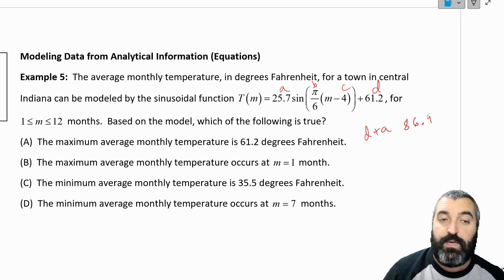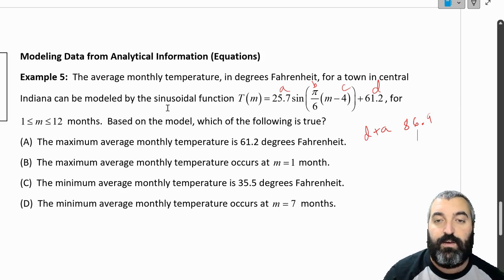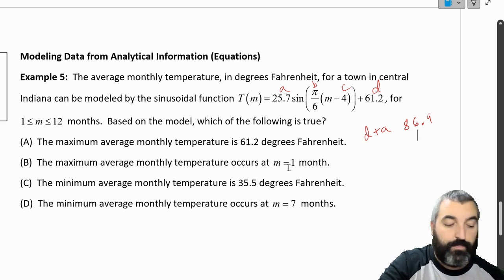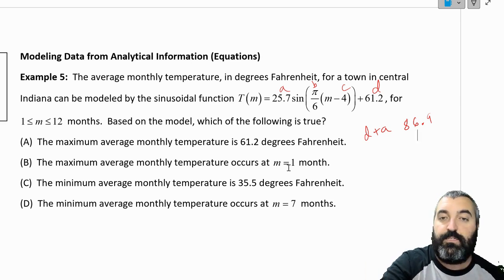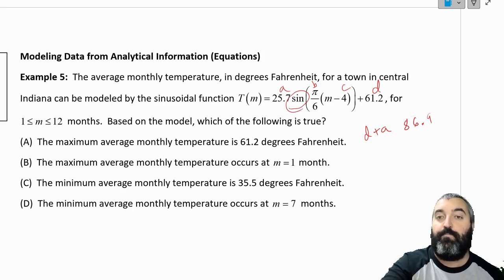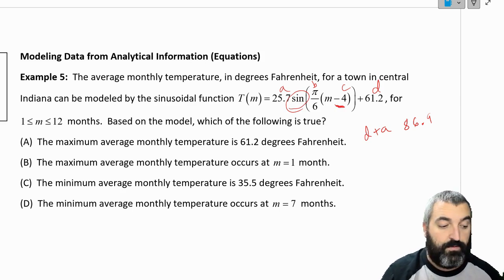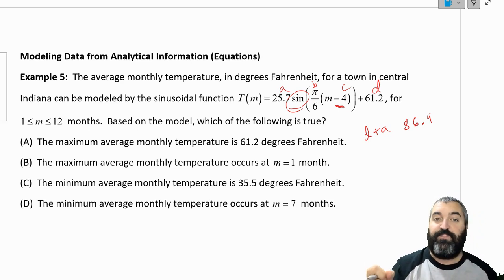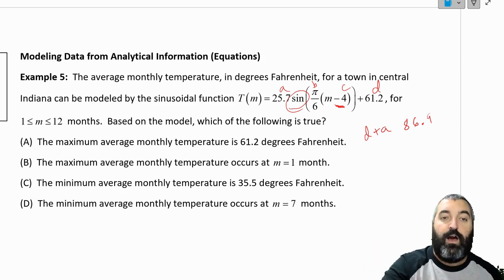For B, it's saying a slightly different thing, so we can't just say it's not the same. The maximum average monthly temperature occurs at m equals 1 month. Well, when you think about this graph, it's a sine, which means it starts at the midline, but then it has a shift to the right by 4. So you'd start in the middle at 4, and then go up and down from there.